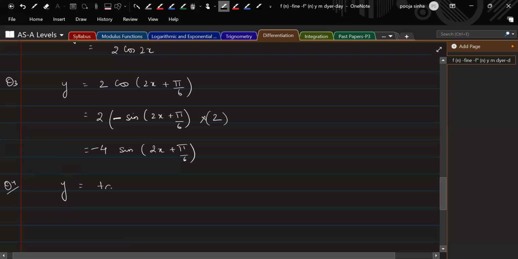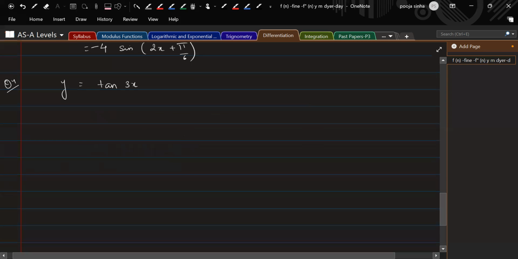y is equal to tan 3x. So it will be sec square 3x, again into 3, so 3 sec square 3x. Question number 5: y equals e raised to power 2x plus 1.